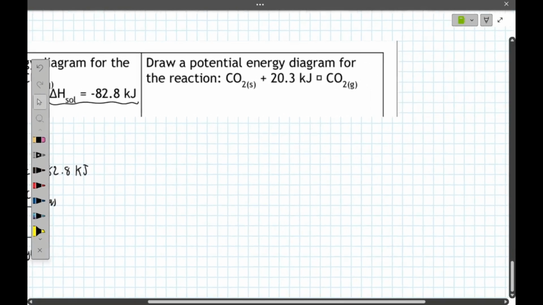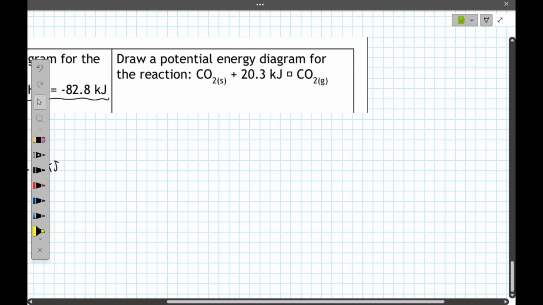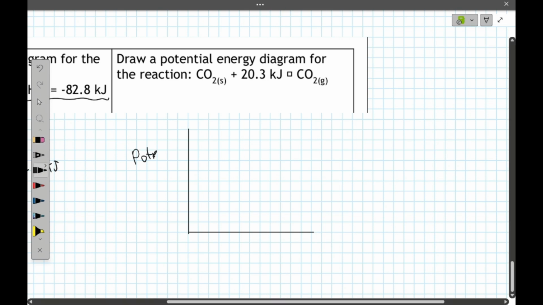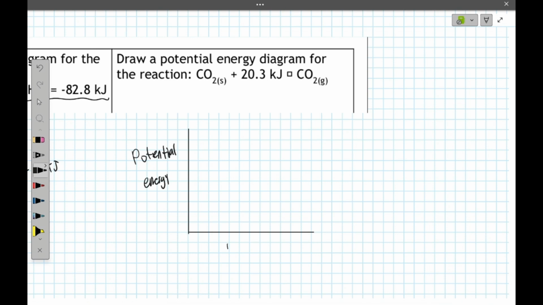Okay, now let's go to the second one. Draw a potential energy diagram for the reaction of CO2 solid plus 20.3 kilojoules making CO2 gas. Again, make our diagram, label, and now let's see.